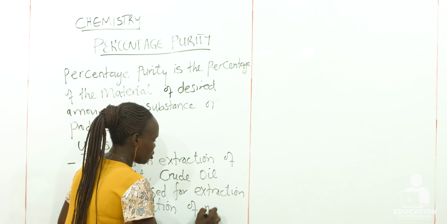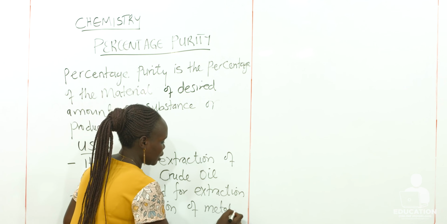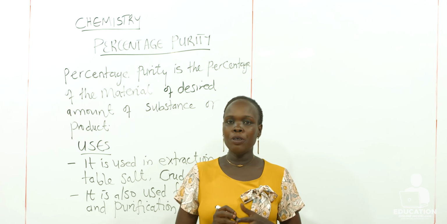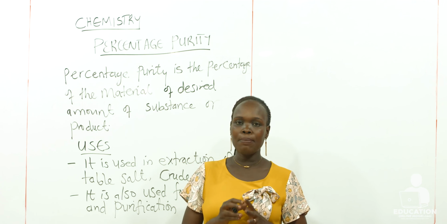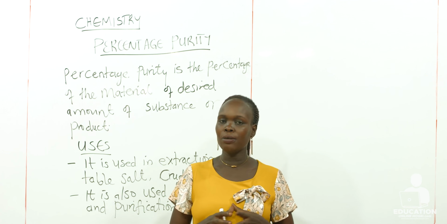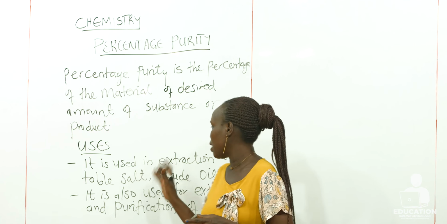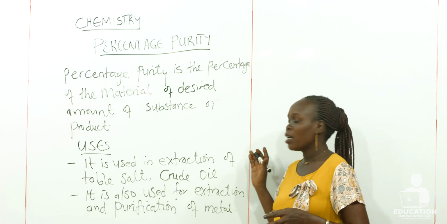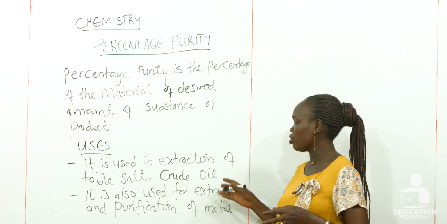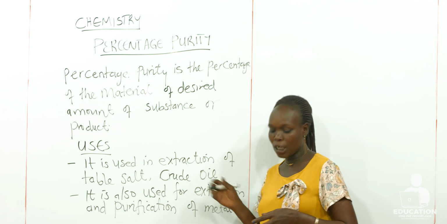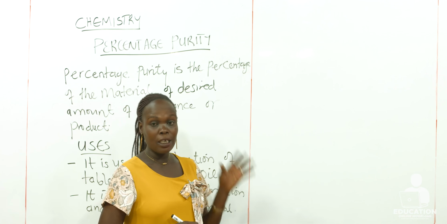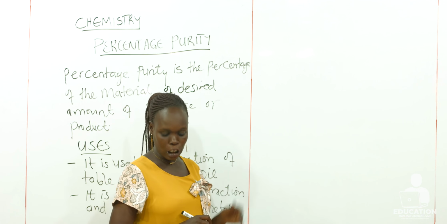There are metals which are very important in our daily life, and we can use percentage purity to get the percent of the pure metal that we wanted. It can also be used for getting the percentage of table salt when we extract table salt, and also in crude oil production.